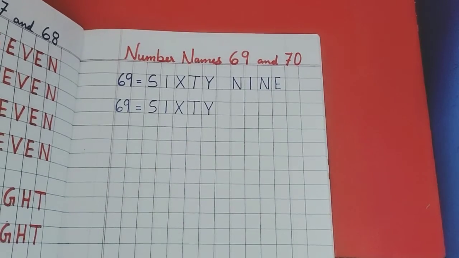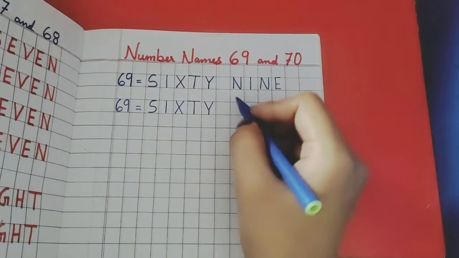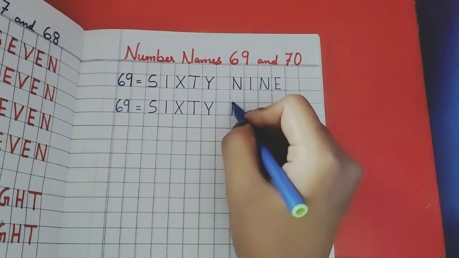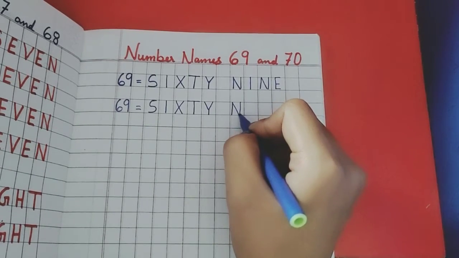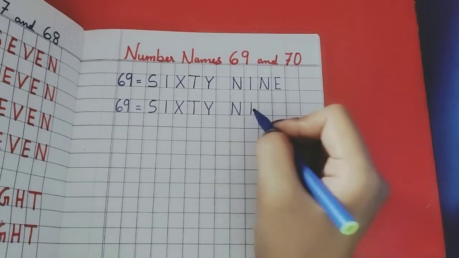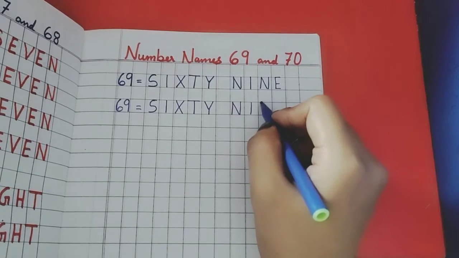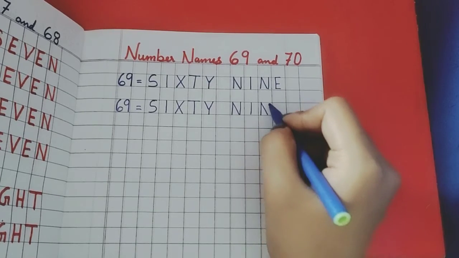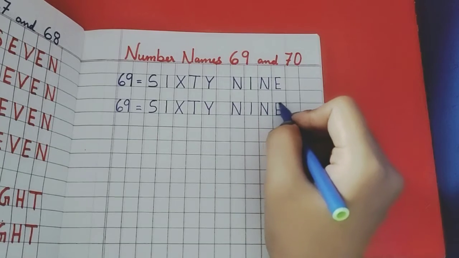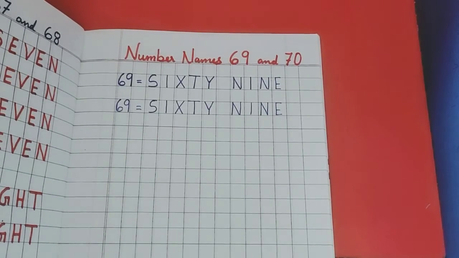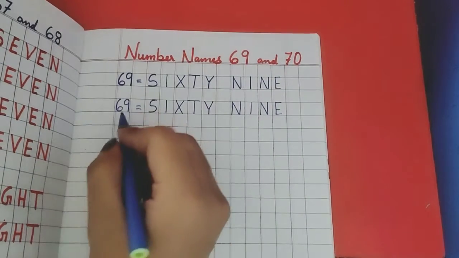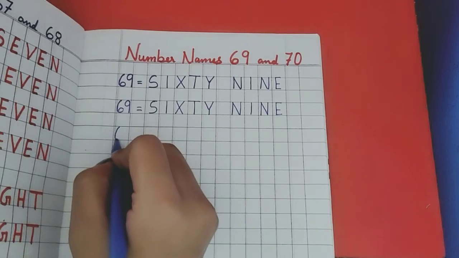This is the spelling of 60. Now the spelling of 9 is N I N E, 9. Very good.